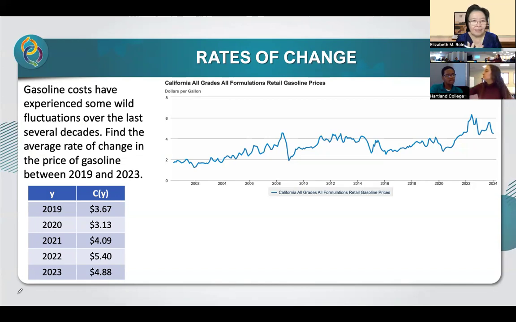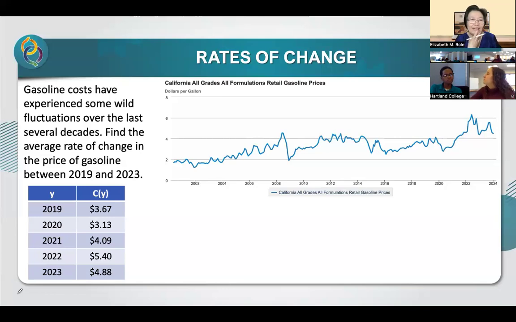Actually, in 2023, it went up to, in some gasoline stations, close to $6. So I'm now just talking about the average price of gasoline. In 2019 the average was 3.67, and then it went down to 3.13 on average in 2020. But then it went high in 2021, 2022 particularly, and then 2023 now it's going back again. We have already $5 or more for our gasoline.